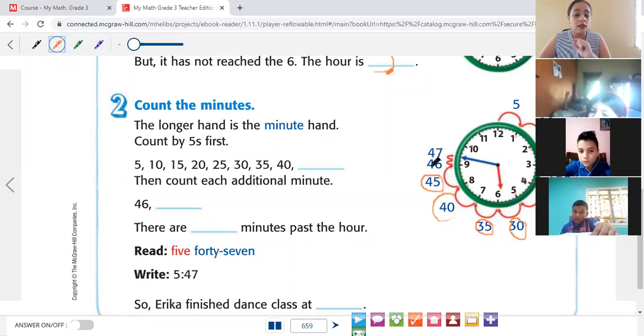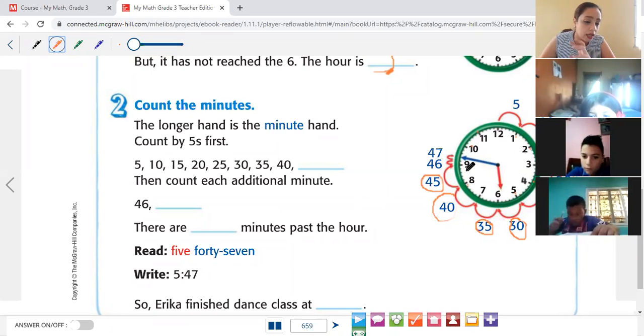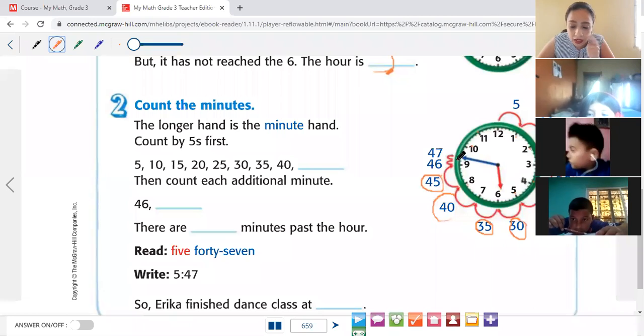Now, can you see the little lines in between the numbers? Those little lines that you have in your book, they represent 1 minute. So let's see, where is the long hand, the blue hand, pointing? So we start counting like this. Number 9, 45 minutes have passed, and then we count like this. Please pay attention.